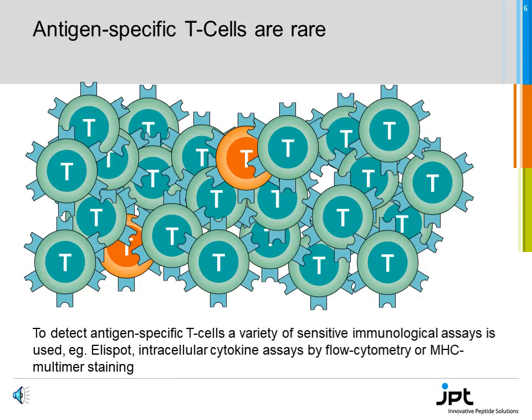Once an antigen-specific T-cell has encountered its cognate antigen, it undergoes initial activation. Depending on the circumstances of this activation, the T-cell becomes an activated, antigen-experienced T-cell, or it may die in activation-induced cell death.